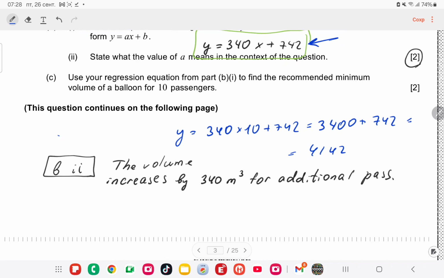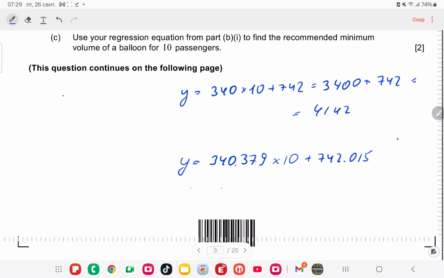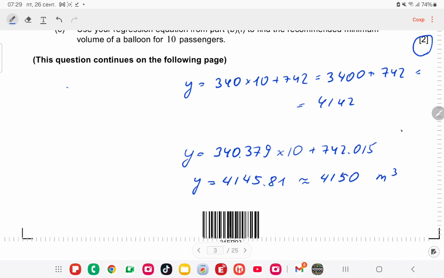So let's use the other form that I showed at the beginning of part B1: 340.379 multiplied by 10 plus 742.01. In this case you will get 4145.81. For 3 significant figures, it's going to be 4150 meters cubed. Now you got full 2 marks.